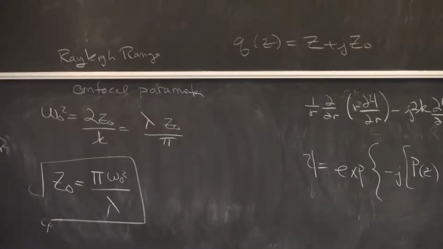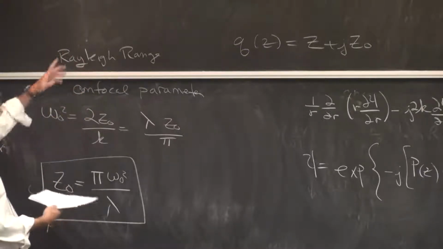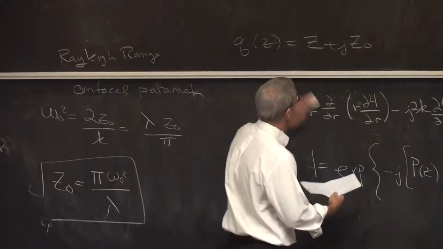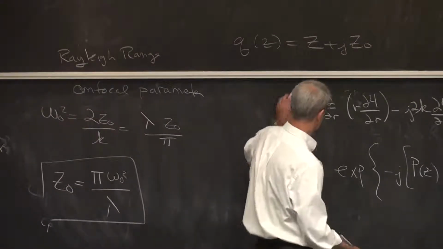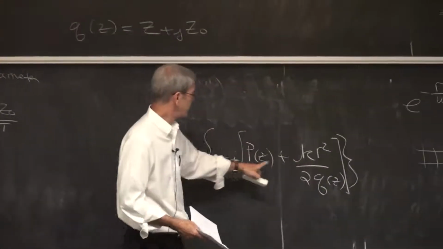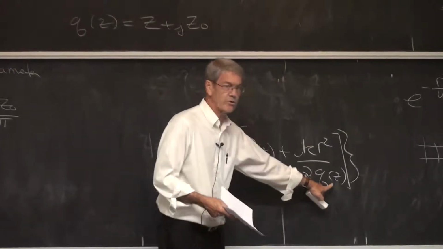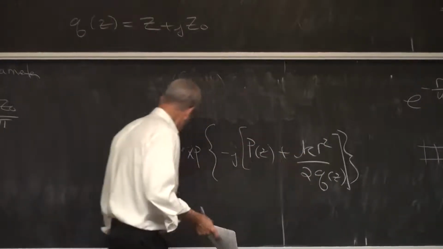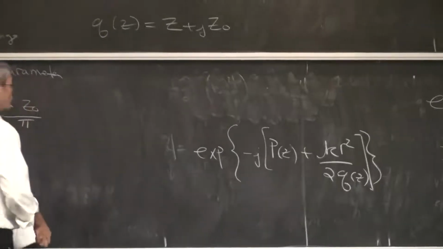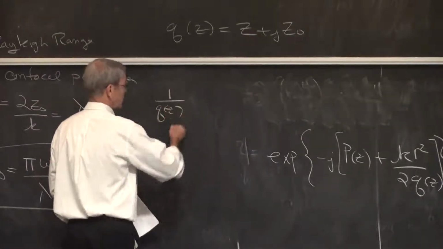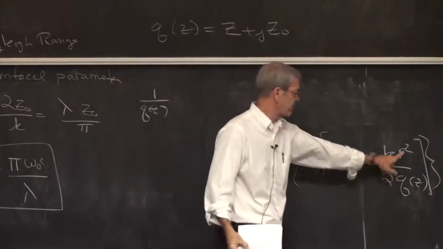Okay, now, let's see if we can make more progress. We've got all these other terms here. So let me look at it right here. I've got this expression, e to the minus j k r squared over 2 q of z. I've got a 1 over q of z here. So let's see if we can rewrite that. 1 over q of z, I'd like to replace that if I can.